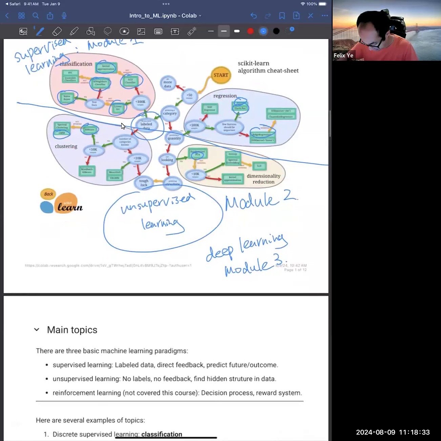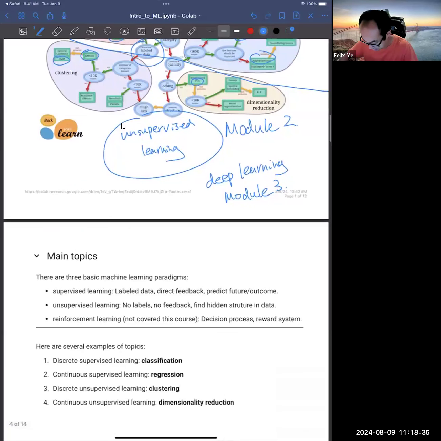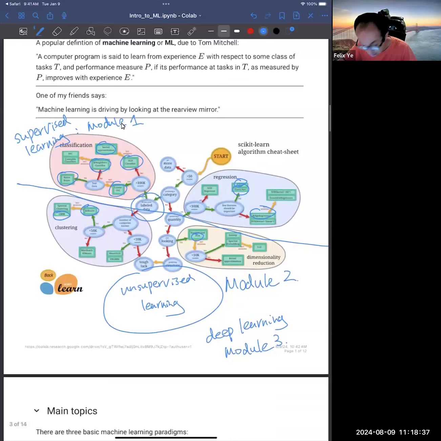The key of this whole course, as I already talked about, is that you are going to implement all these algorithms and models from scratch.